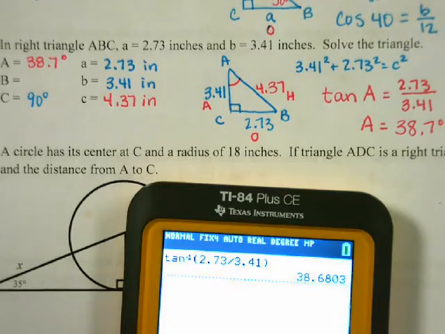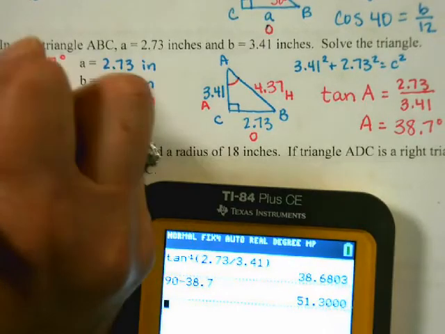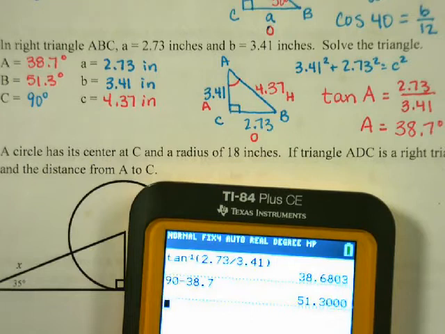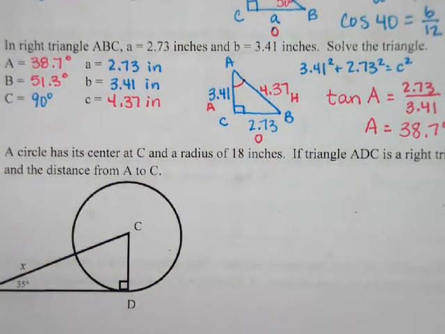Subtract them from 90. So 90 minus 38.7, 51.3 degrees. Does that seem familiar from geometry? Remember all that?